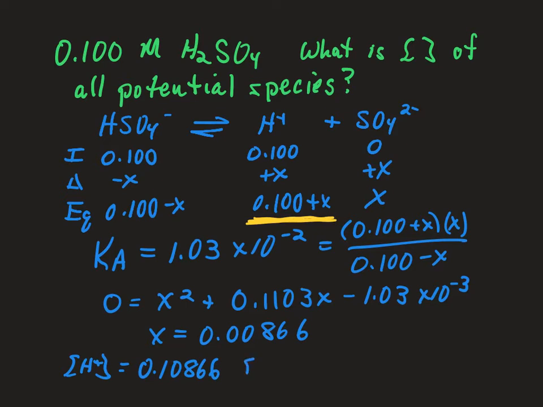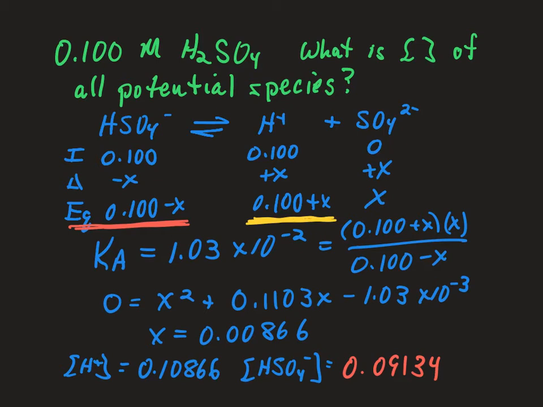Our concentration of hydrogen sulfate ions is going to be 0.1 minus 0.00866, which is 0.09134, right?